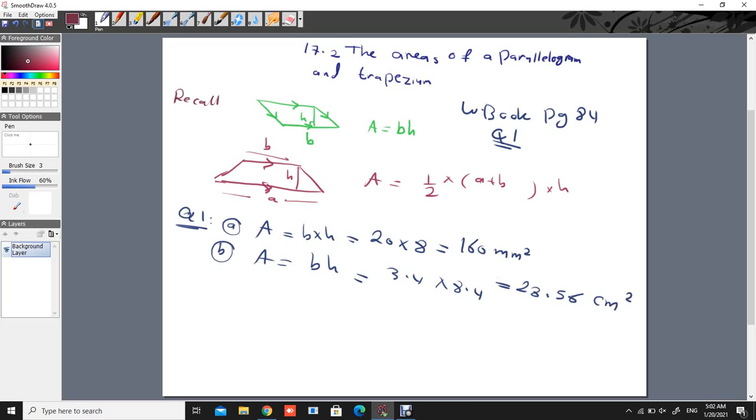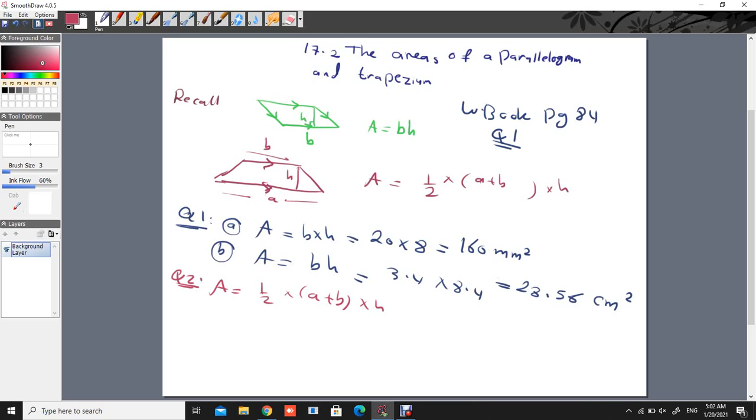Now for question 2, trapezium. The area equals half times A plus B times the height. Now remember, A and B are these two parallel sides.